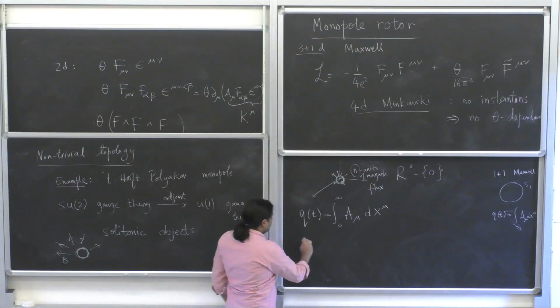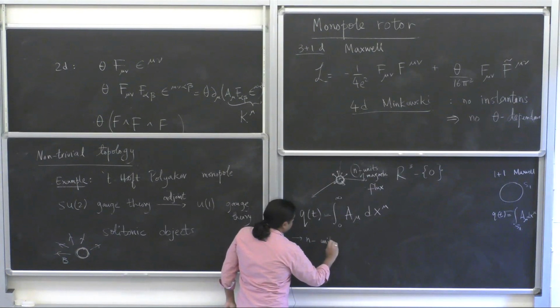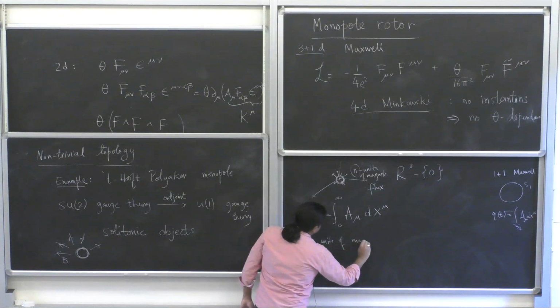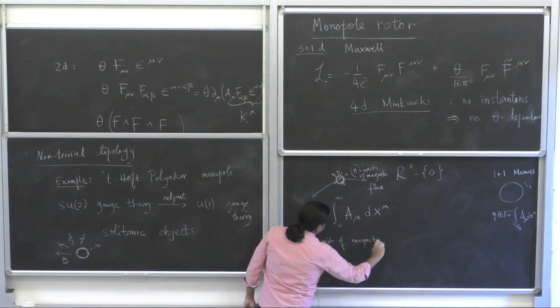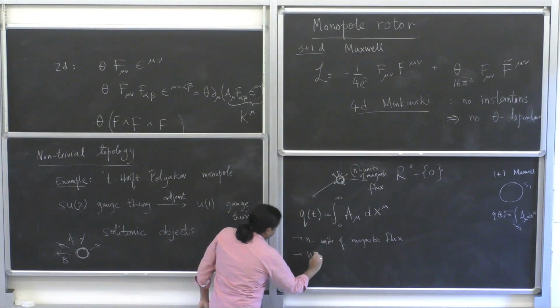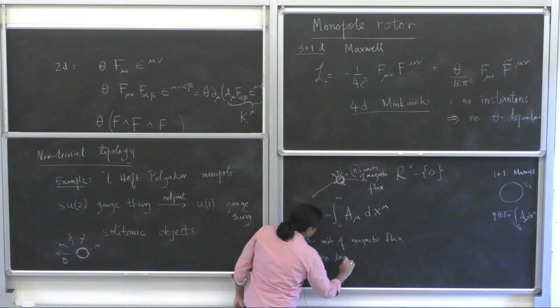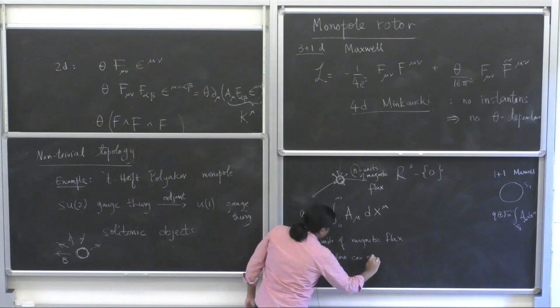Okay, so the boundary conditions are n units of magnetic flux, plus Wilson lines can end at the origin.